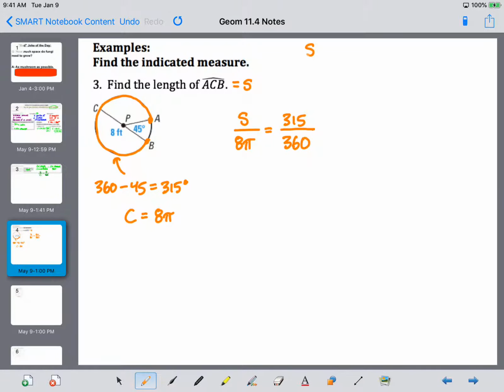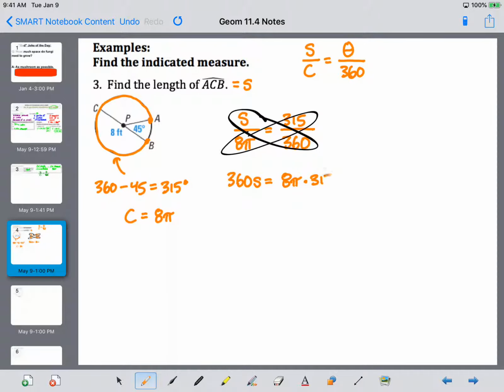So again, guys, we're just filling in the arc length over the circumference equals the measure of the arc over 360. So all we're doing is just filling into the formula. Now we can go ahead and cross multiply. So first let's take 360 times S, or 360S. Over here, let's do 8 pi times 315.